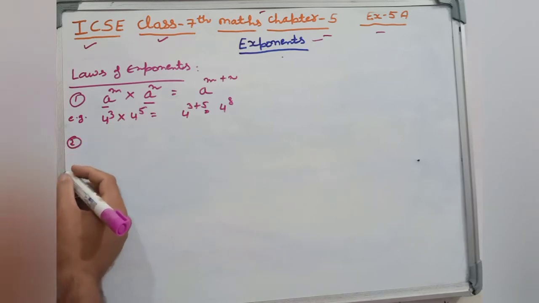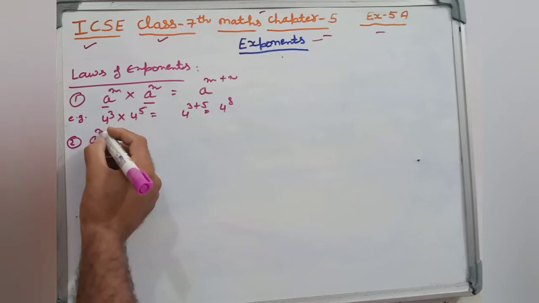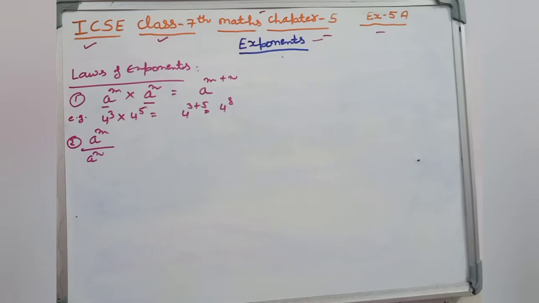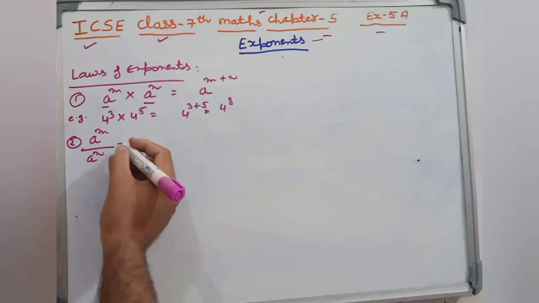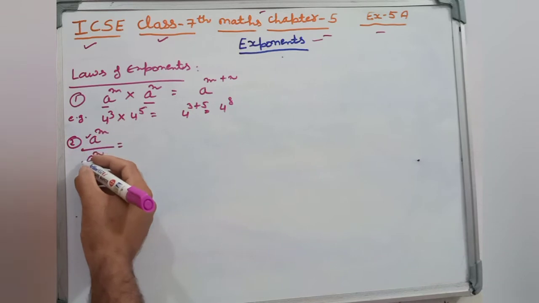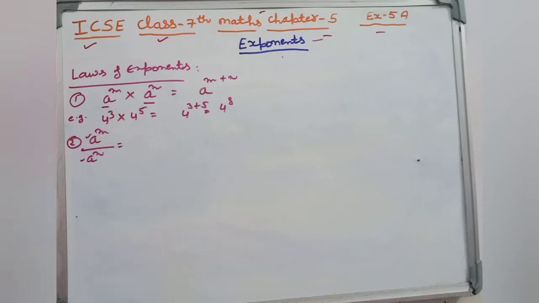Now the second law is a raised to power m upon a raised to power n. What does this mean? The base is the same, but here we are dividing them.